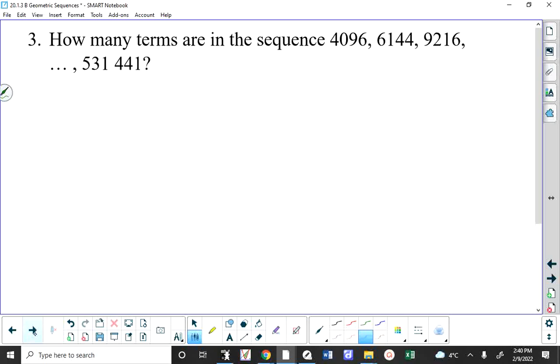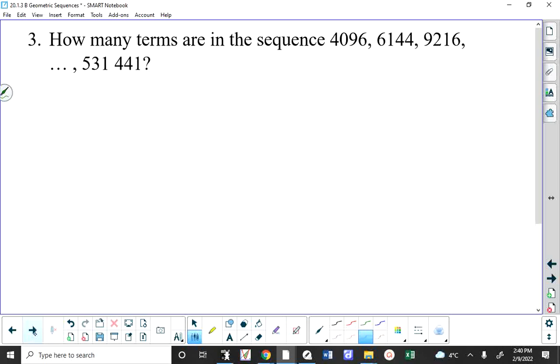How many terms are in this sequence? Can you confirm for me, everybody, that this is geometric? I don't think you can do it just by looking at it. So Kai, can you explain how you're finding out that it's geometric?